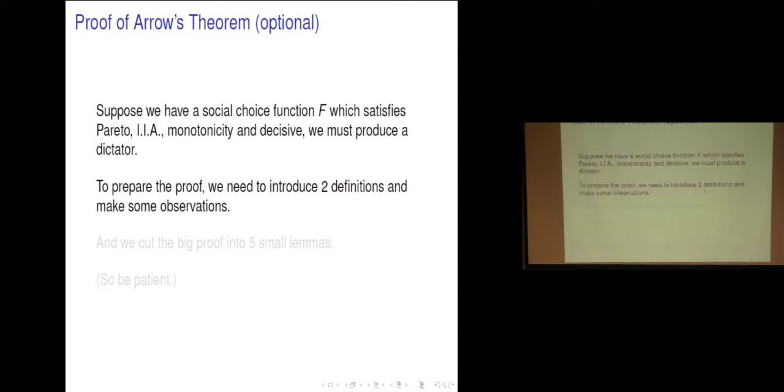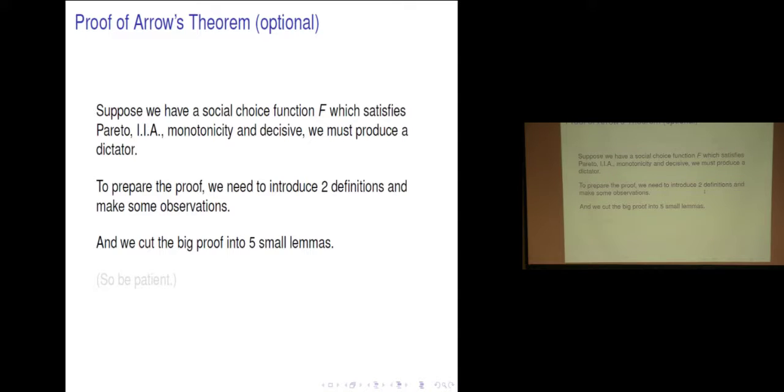So to prepare the proof, we need to introduce some definitions and make some observations, and then we cut the proof into 5 small lemmas. Lemma is a mathematical jargon for facts or for single proof, right?